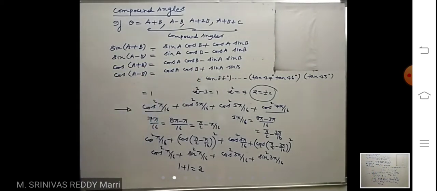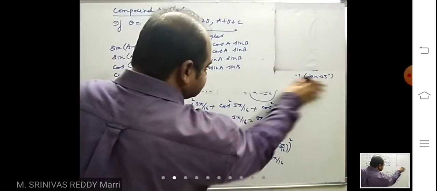If minus is there, plus will come here. So this is cos of A minus B. Remember this formula.